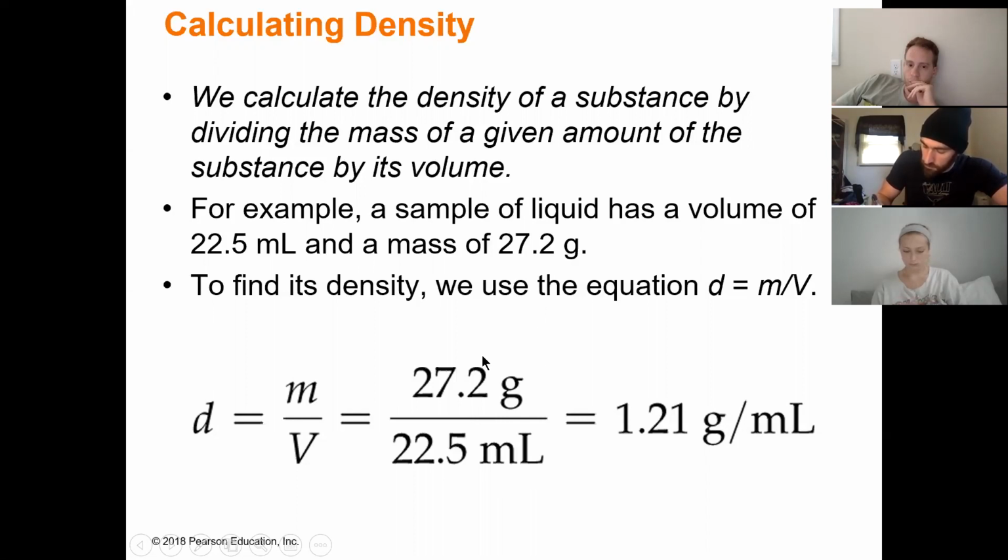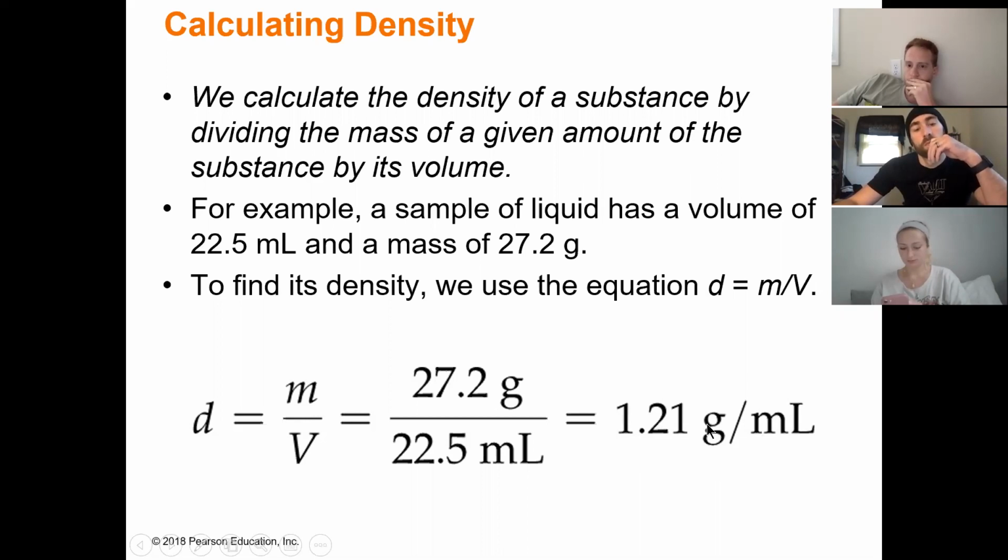What you'll find is that when you divide these two, gram doesn't cancel with anything and milliliter doesn't cancel with anything. Both of those units stay around, which is what we want, right? Because at the end, our value should be a unit per unit, or a mass unit per volume unit. That's what gives it the density quality. Sometimes I'll have students plug this in and they'll get the 1.21 and then they'll say it's 1.21 grams.